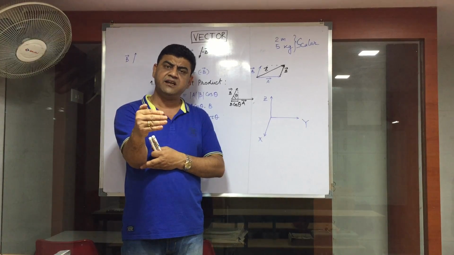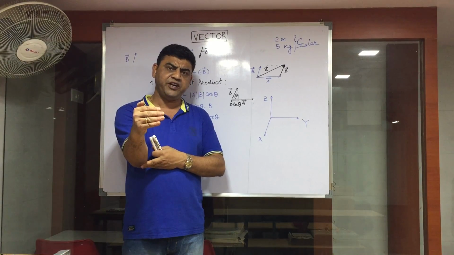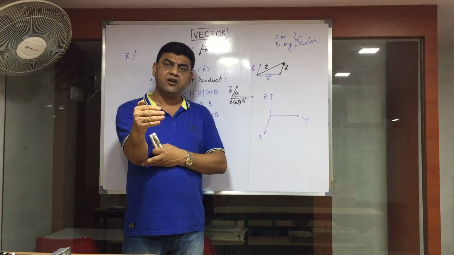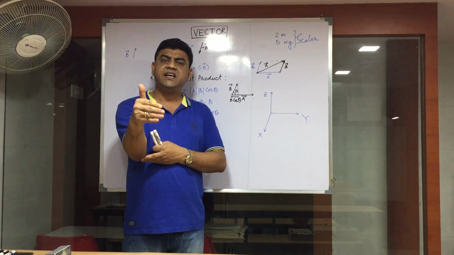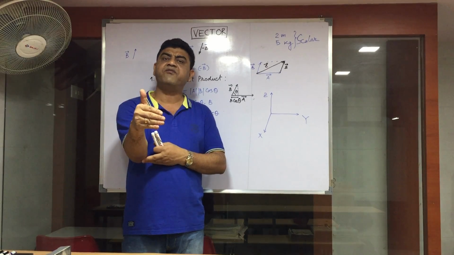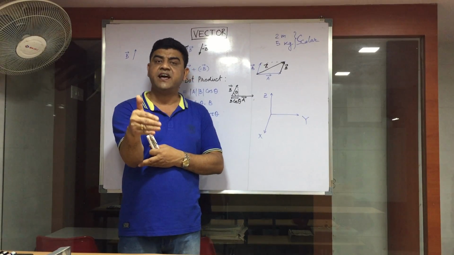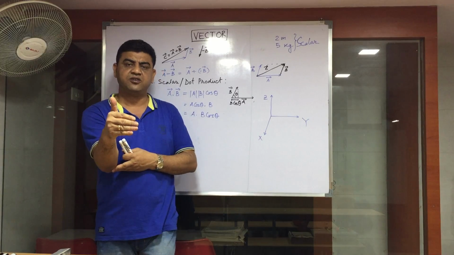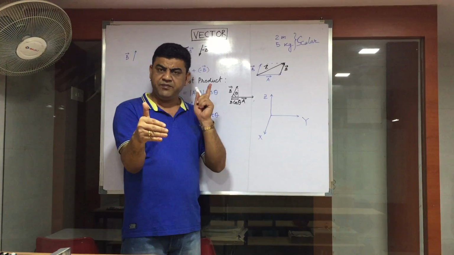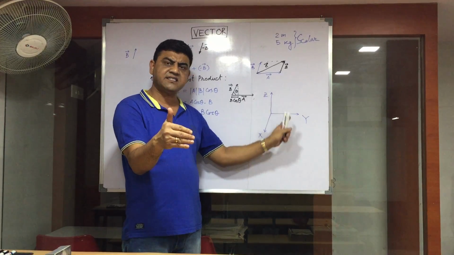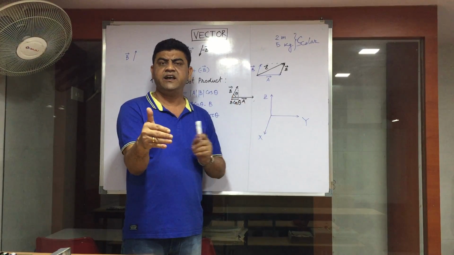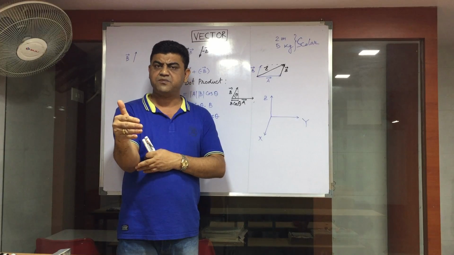Now you can see that my fingers are pointing towards the y-axis. In that condition, if I extend my thumb, that defines the direction of the third axis, which are mutually orthogonal. Remember this carefully, that these three coordinate axes must be right-handed. I am using my right hand to explain that.